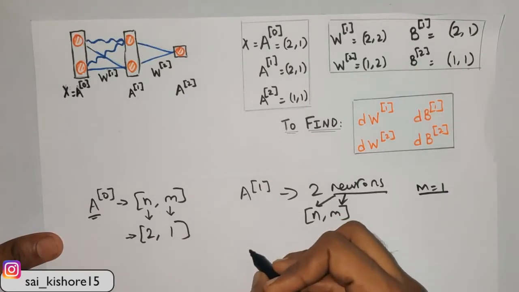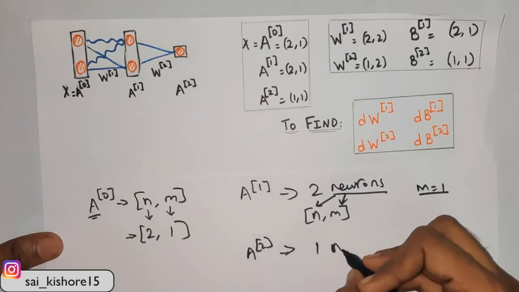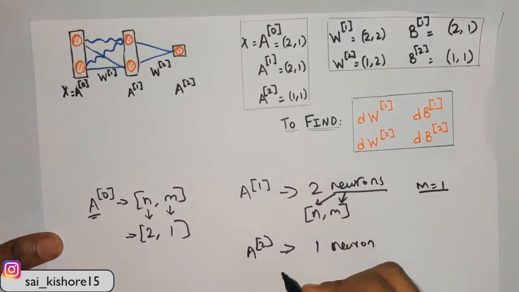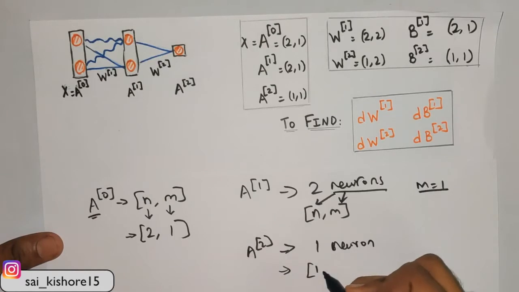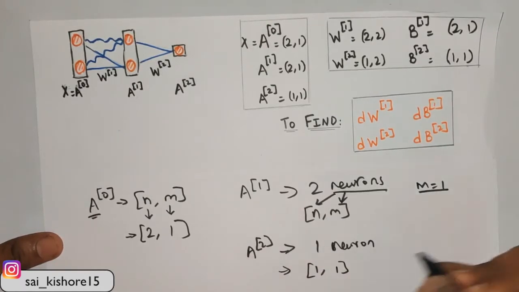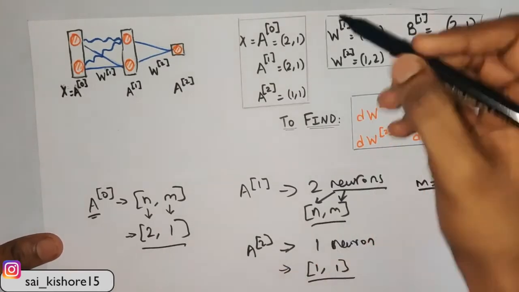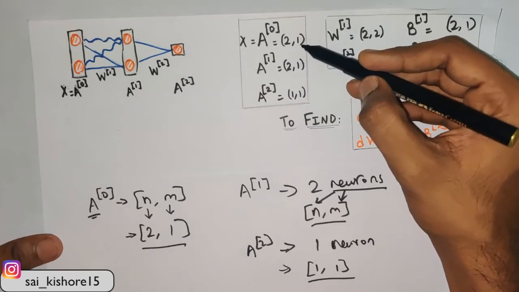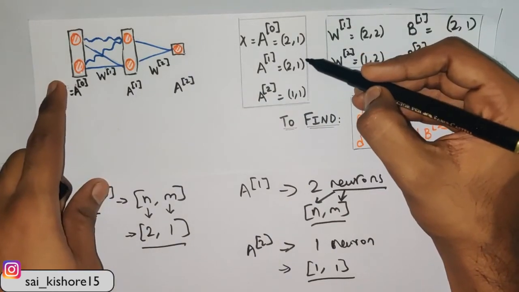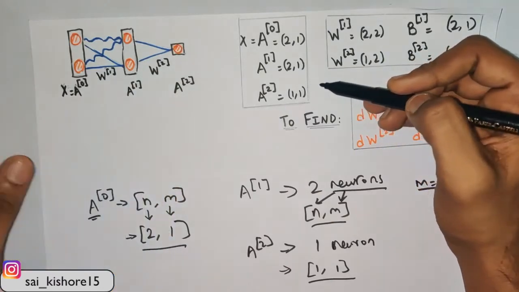We want A2 to be the output layer, which has only one neuron, and this follows the same convention n, m. So we have 1, 1. So I've put these three here for your reference. A0 is 2, 1, A1 is 2, 1, and A2 is 1, 1, and it is in the format of n, m.